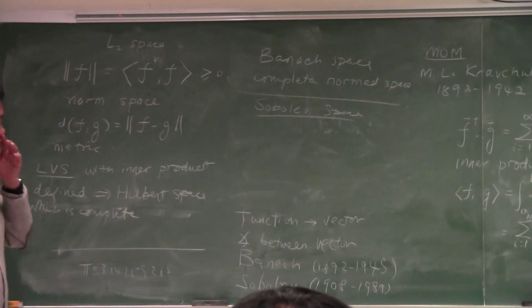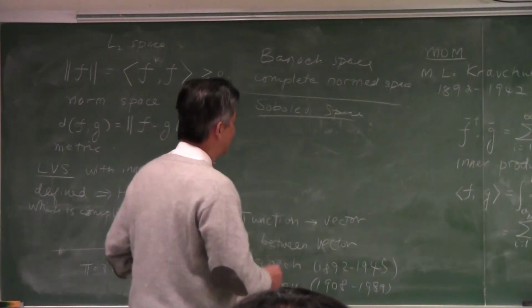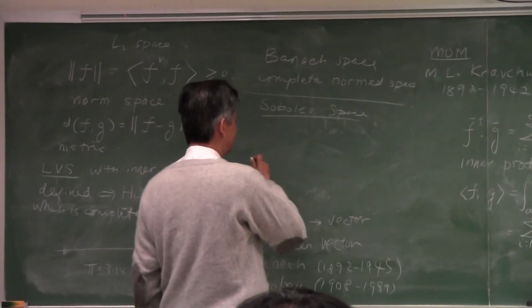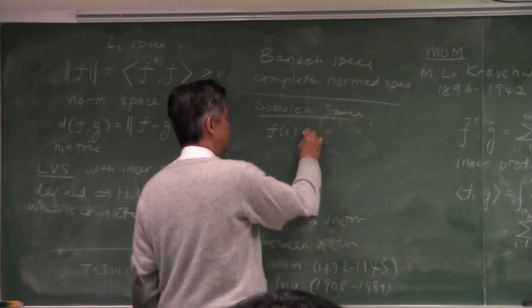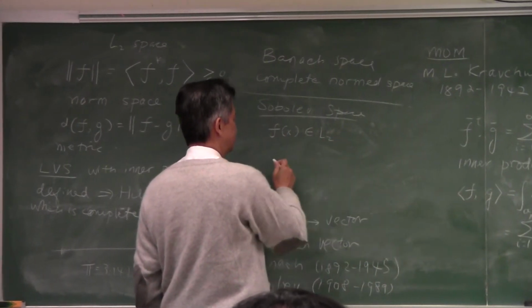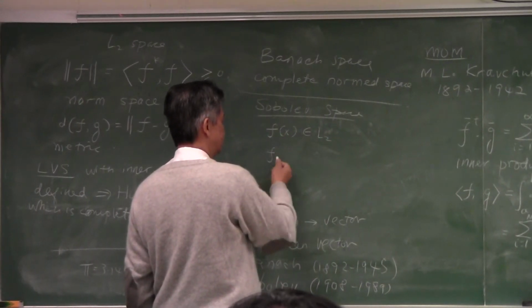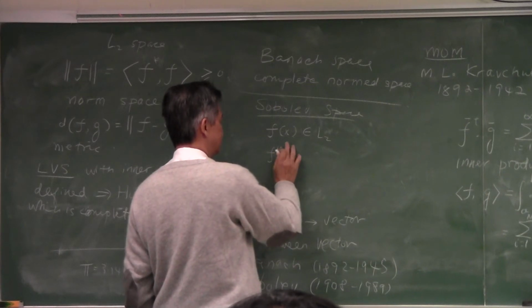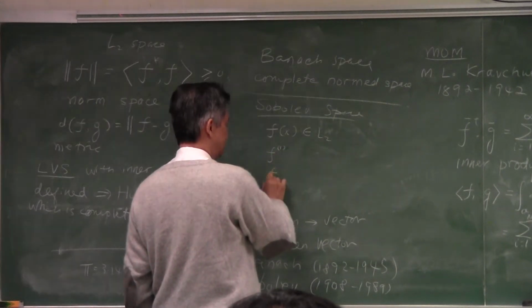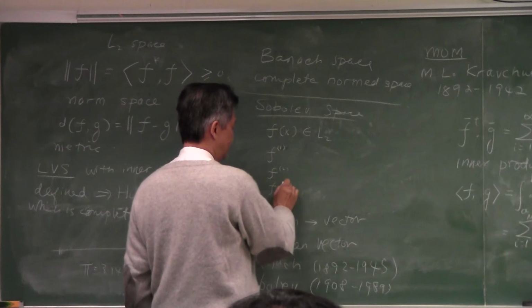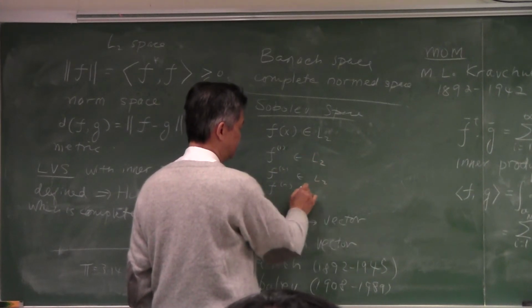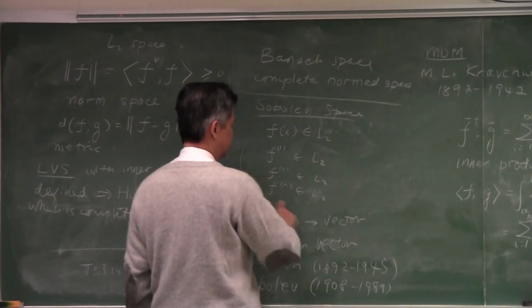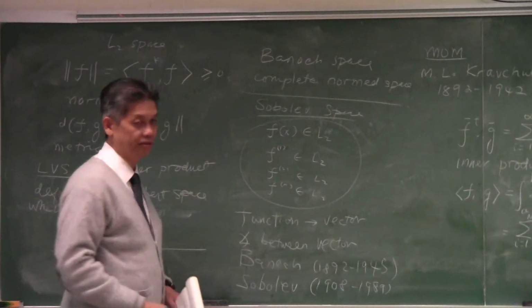Okay, but Sobolev extends that to something more than that. It says that a function is a member of the Sobolev space if it is a member of the L2 space, and its derivatives, maybe first derivative, second derivative, n derivatives, are all members of the L2 space. Okay, that forms a Sobolev space.